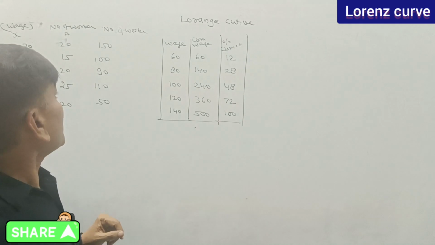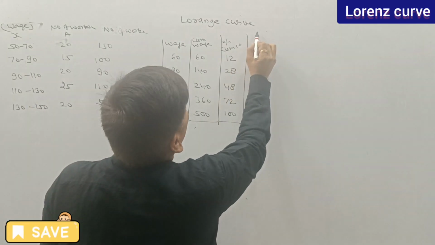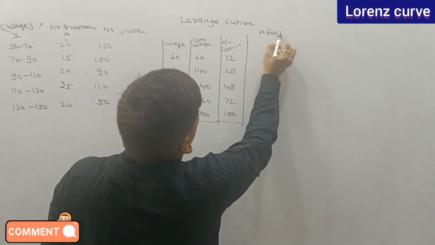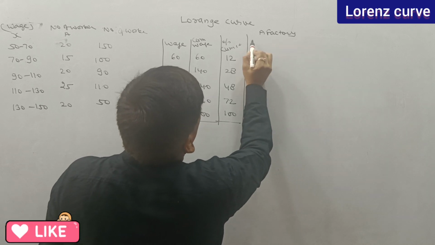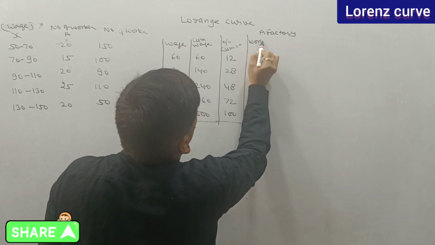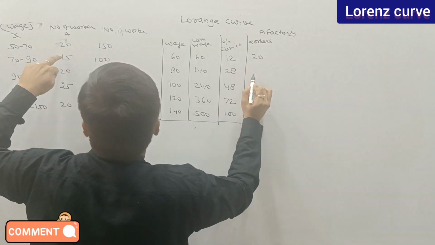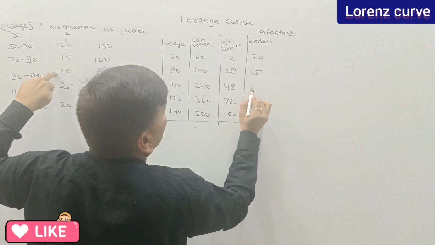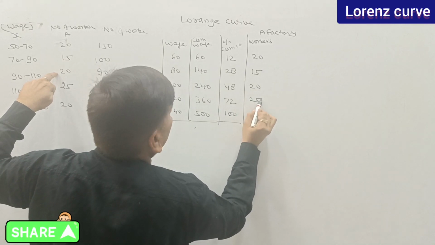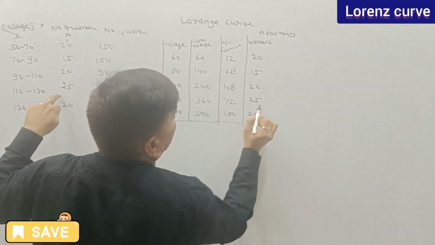Now the workers of A factory: 20, 15, 20, 25, 20.